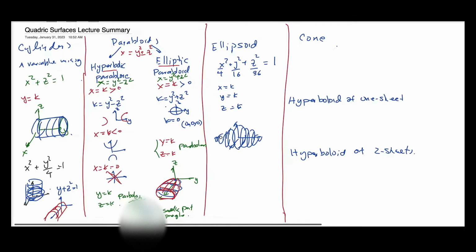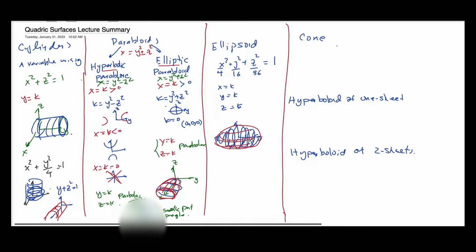As you get away, it gets smaller, and then the other cross section would be ellipses this way. I think we have enough of them to realize that this is like an outer shell of a football.